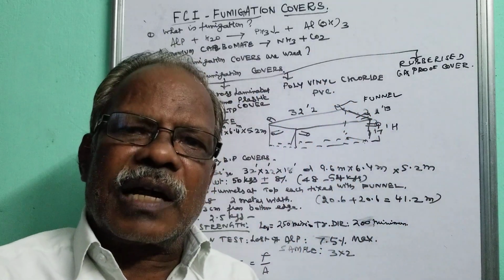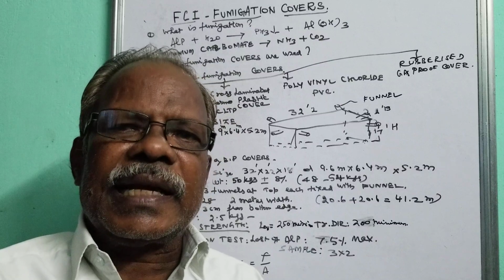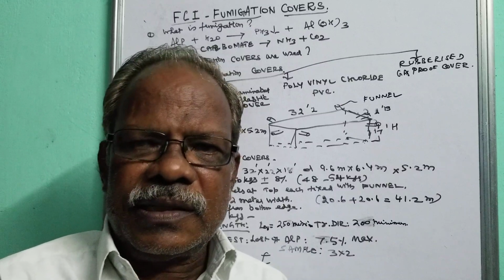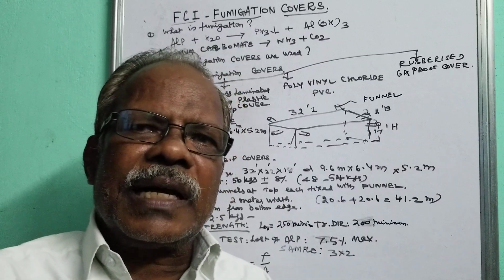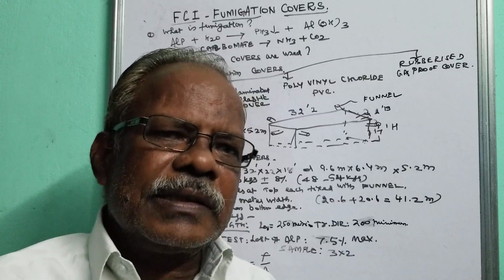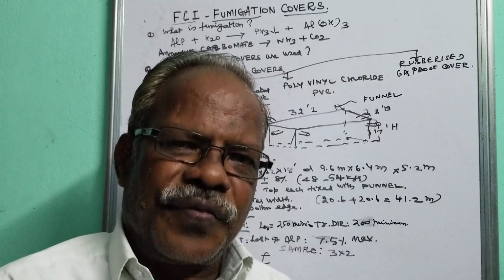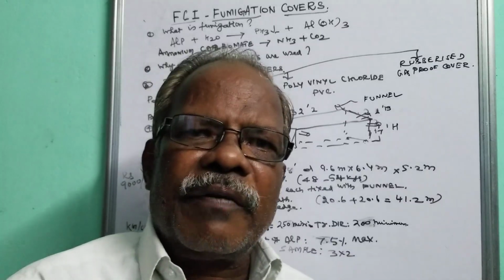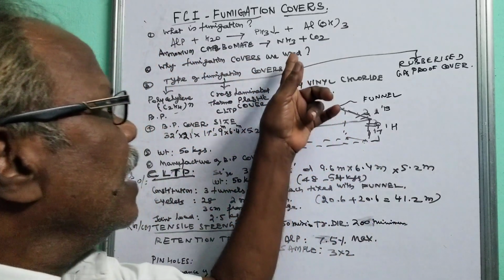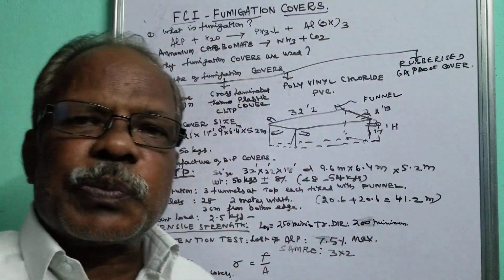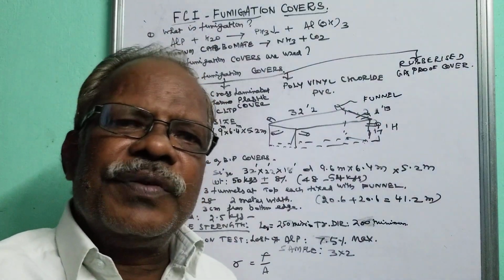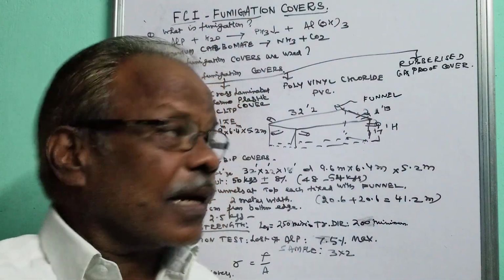The ammonia and carbon dioxide act as an extinguisher. Because it is made up of phosphorus, there may be a possibility of flame. To avoid that, the carbon dioxide and ammonia produced from the ammonium carbonate extinguish the fire.